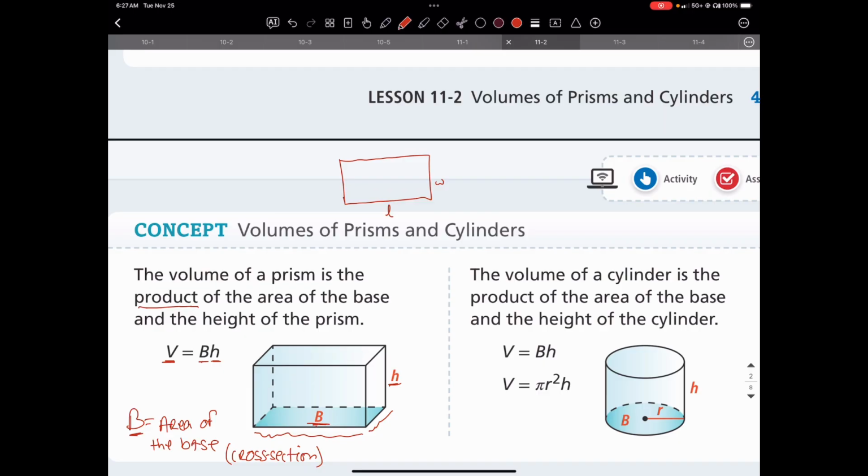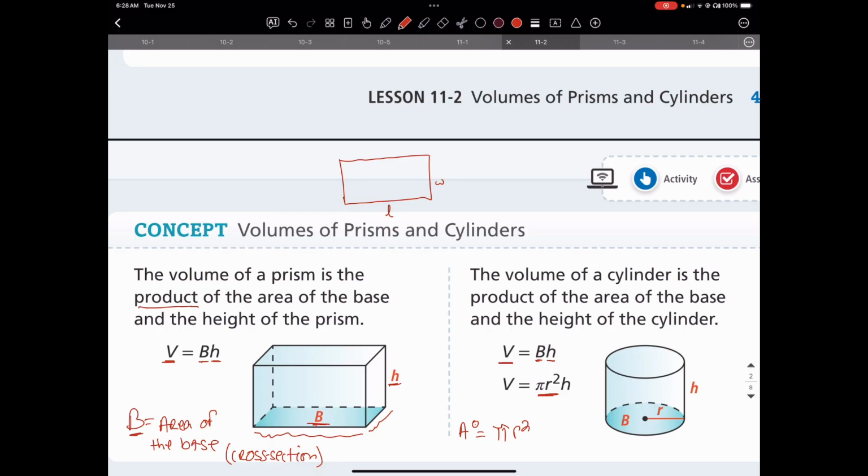So then looking at the cylinder, same thing. Notice volume equals base times height. Well, the base is a circle. So the area of a circle is what? That's going to be pi radius squared, right? So therefore, that pi radius squared is the base of that cylinder.